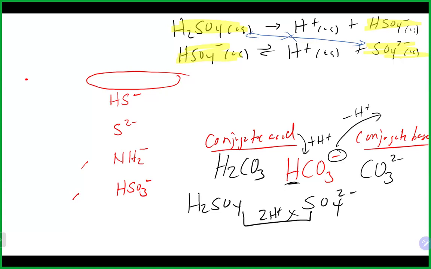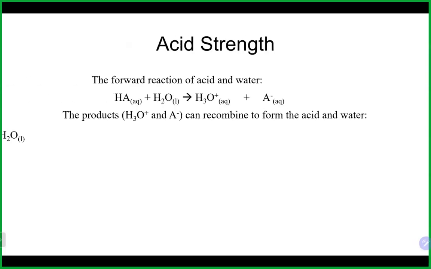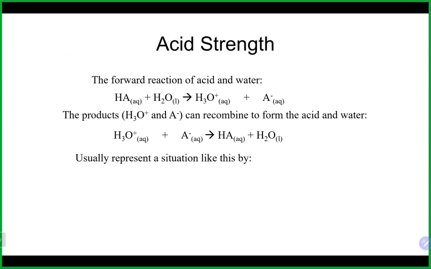Question on that there. All right, then we'll continue on here with acid strength. We touched a little bit upon it earlier. If the forward reaction in an acid happens, there are some weak acids whose products can come back together and head in the other direction.